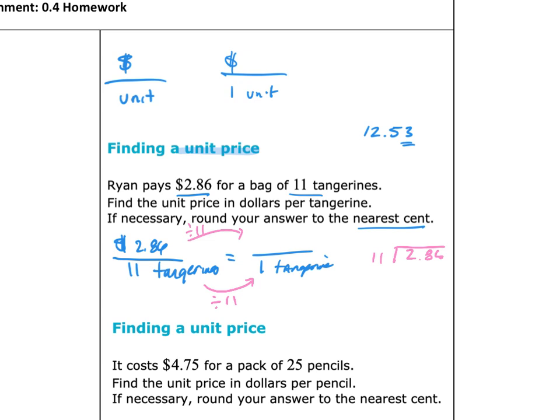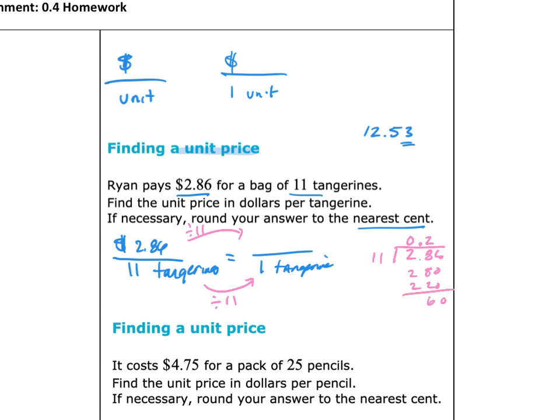So 2.86 divided by 11. Now look at this: 11 won't go into 2, so I have $0. But then that means I have 286 cents, and 11 goes into 28 twice. So that's 20 cents times 11, which is 220 cents, and there's 66 cents left over.